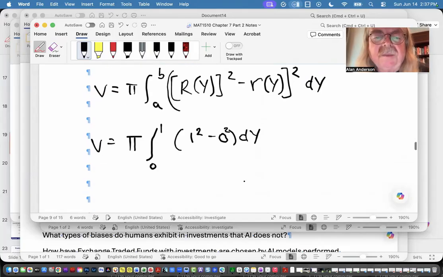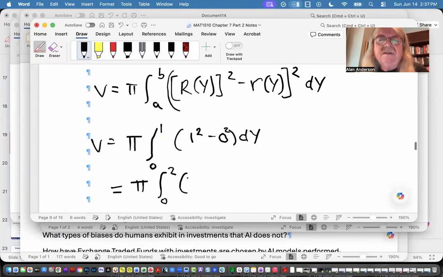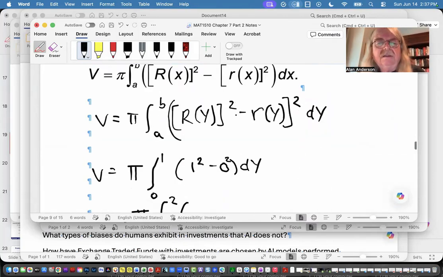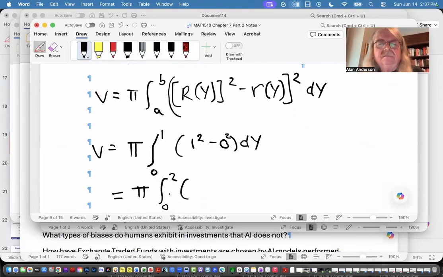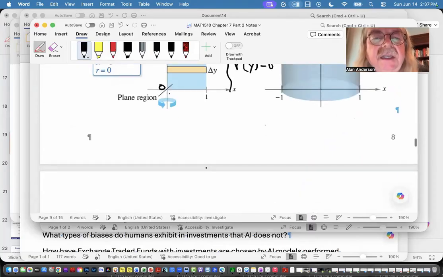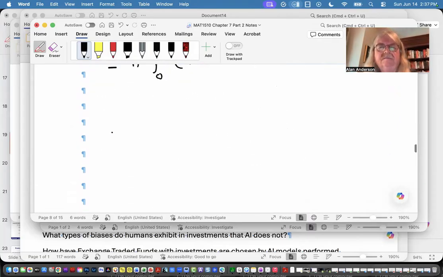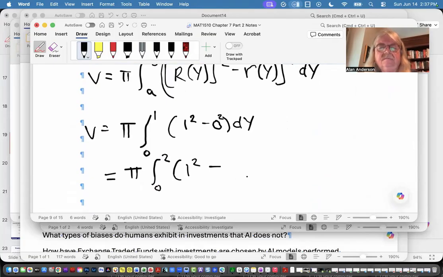And then the one directly above it, again, the outer radius is 1, but the inner radius is radical y minus 1. And of course, don't forget to square that.